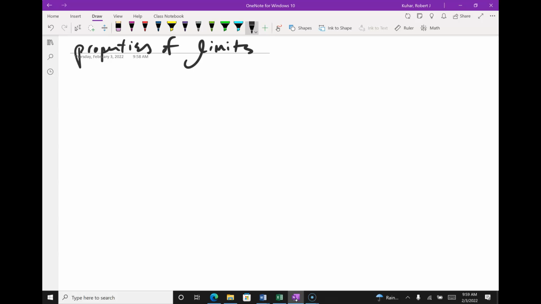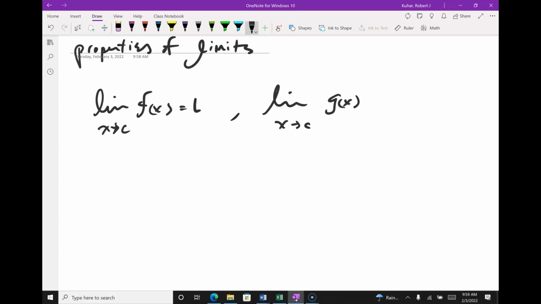Okay. Let's see. The limit as x goes to c of f of x is L. The limit as x goes to c of g of x is k. So if that's so, then these are some of the properties.